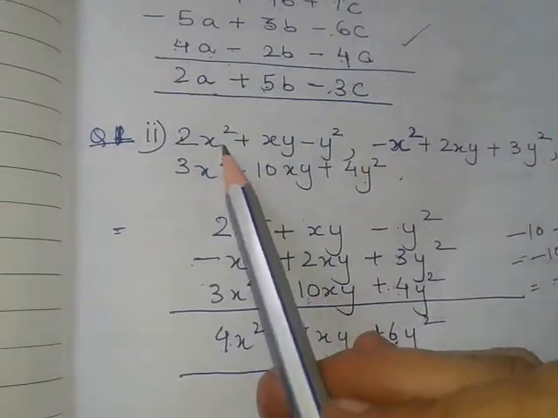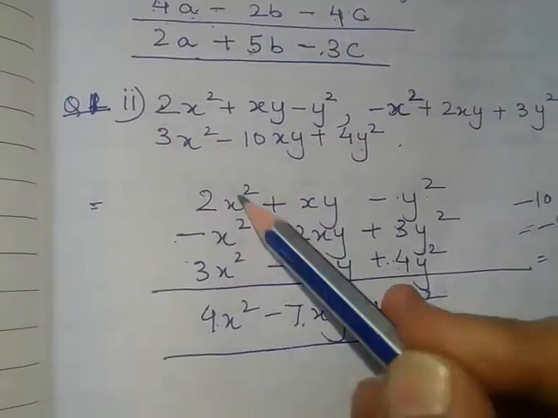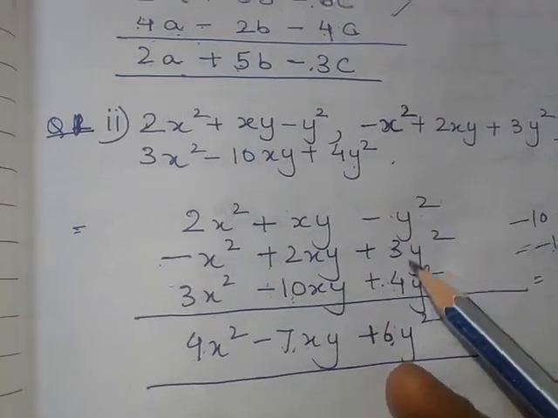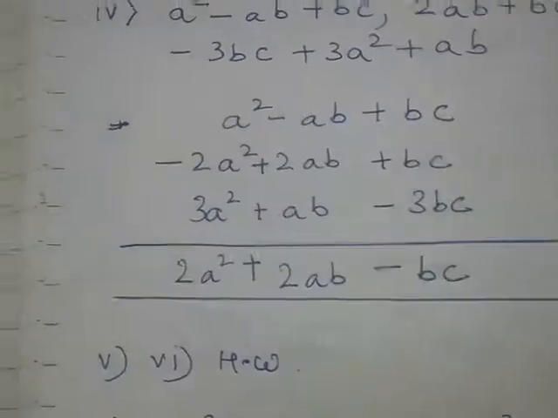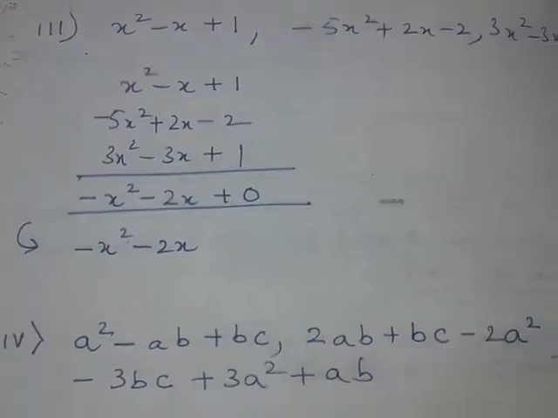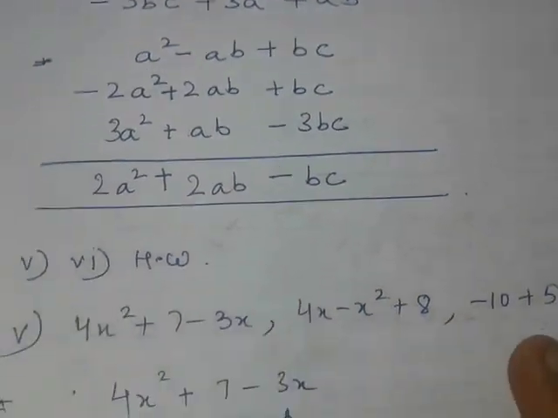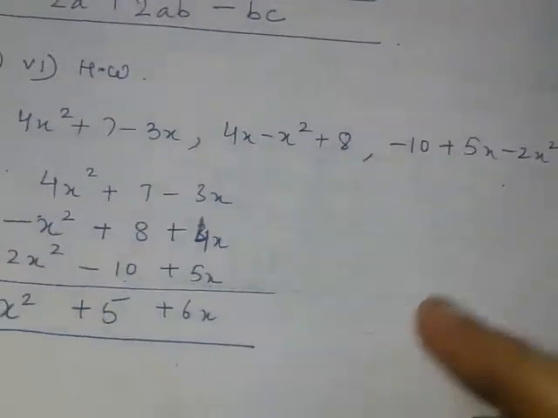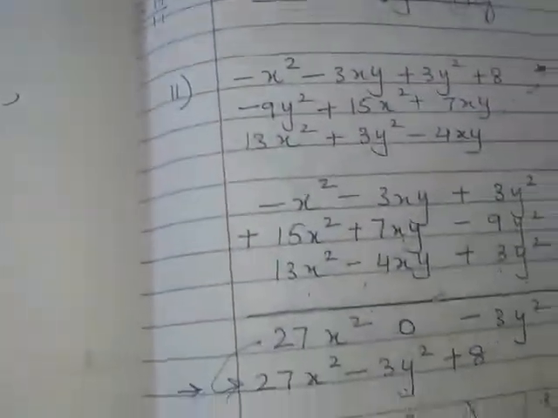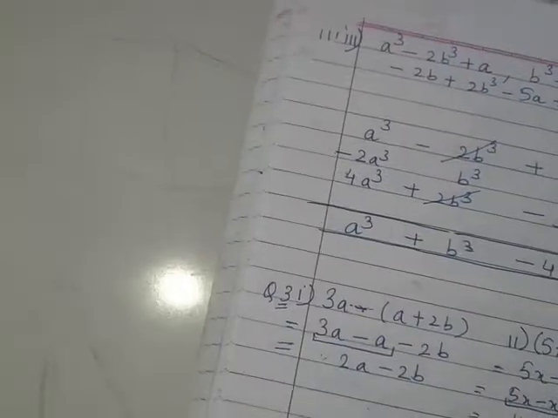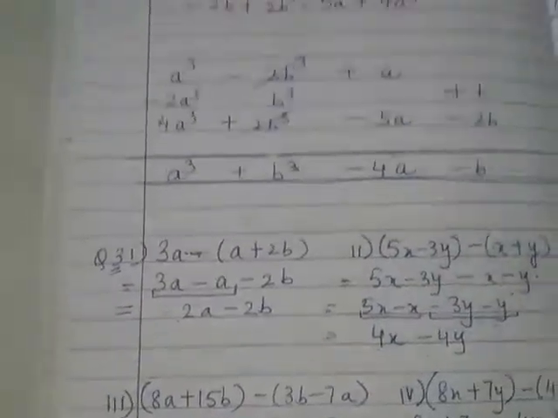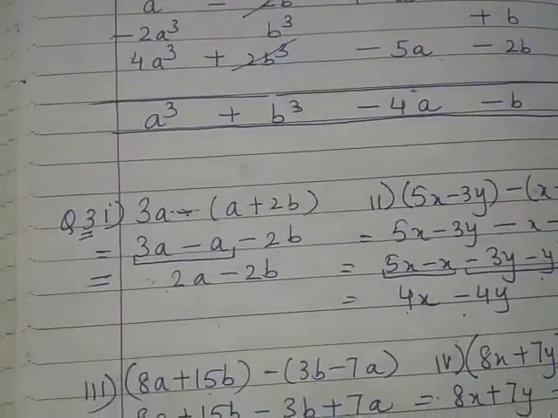Always see that all like terms should come under one column. If any term is missing, write 0 or keep that space empty. Okay. Then the question was subtraction.